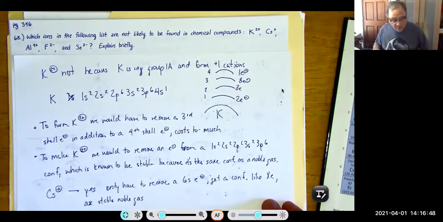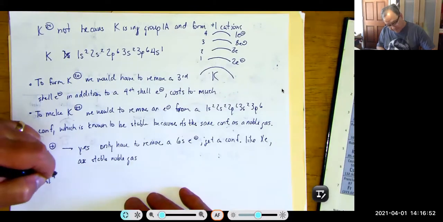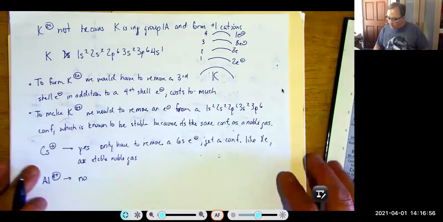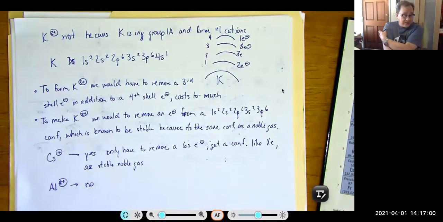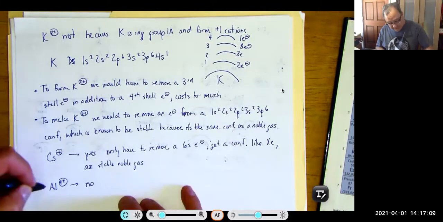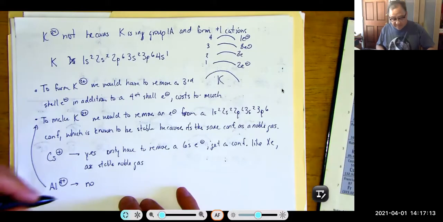Okay, what about aluminum +4? And the answer is no. For aluminum +4, we'd have to take away an electron from a stable noble gas configuration like that of aluminum +3, and so forth. So this is going to be a similar explanation as K2+.